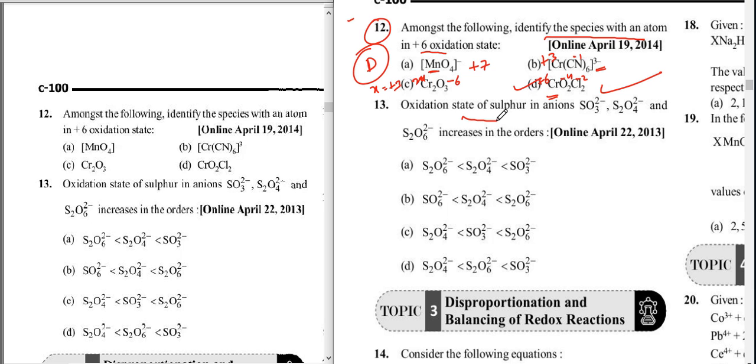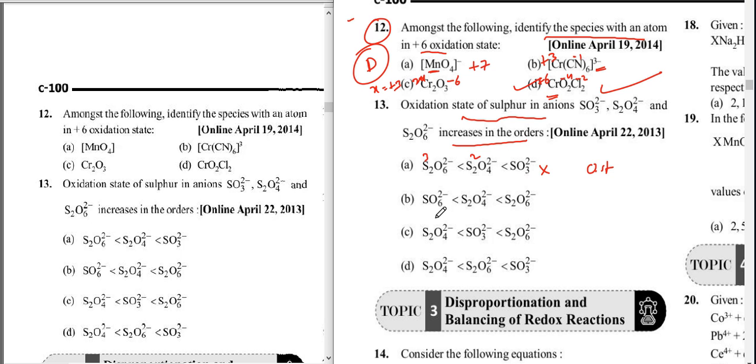Then oxidation state of sulfur in anions in increasing order. If more oxygens are there, obviously oxidation number will be more. 6 oxygens, but per sulfur only 3, per sulfur 2. Okay, it's a wrong option.